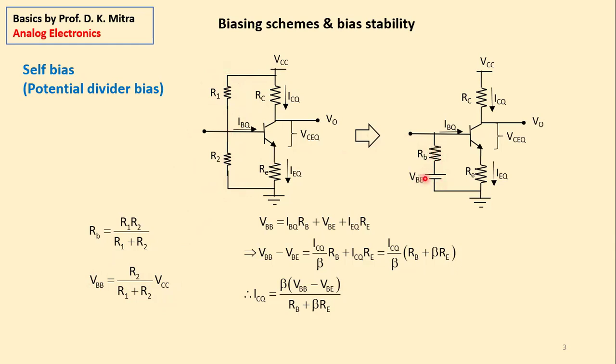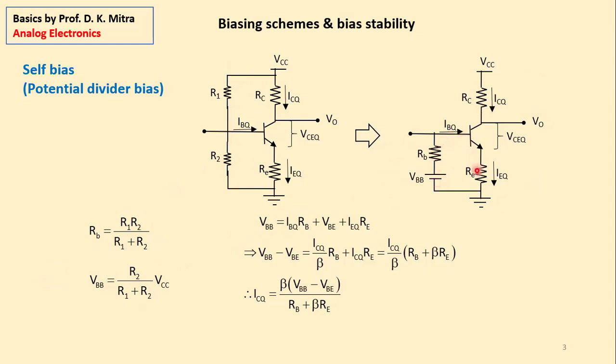The value of this VBB is here. And this resistance RB is R1 and R2 in parallel, that is R1 R2 divided by R1 plus R2. Right? So this is the equivalent circuit. Now looking at the equivalent circuit, what is the value of ICQ?